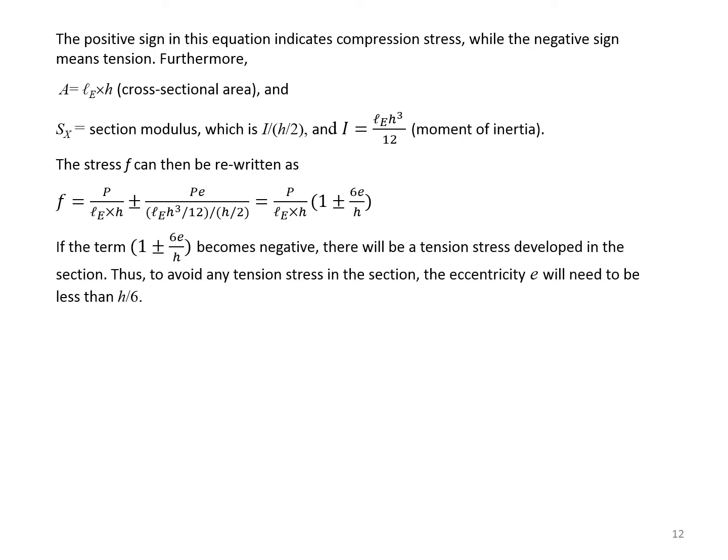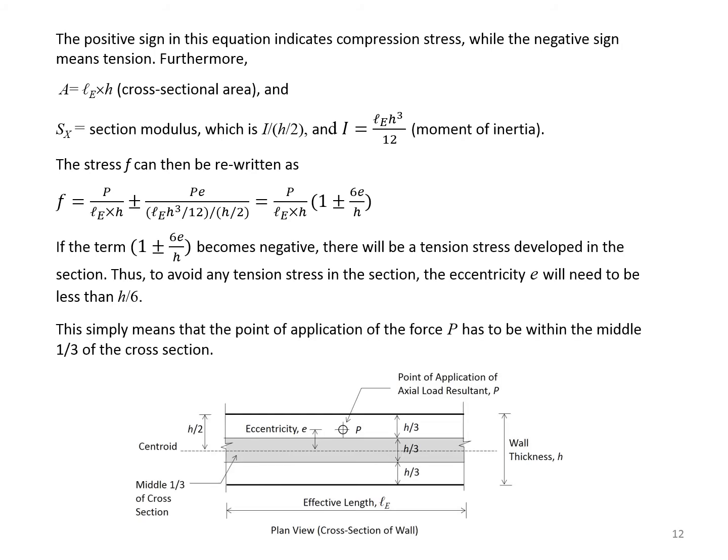Therefore, if the term 1 plus or minus 6E divided by h becomes negative, there will be a tension stress developed in the section. Therefore, to avoid any tension stress in the section, the eccentricity E will need to be less than h over 6. We show again the figure. This implies that the point of application of the force P has to be within the middle one-third of the cross-section.